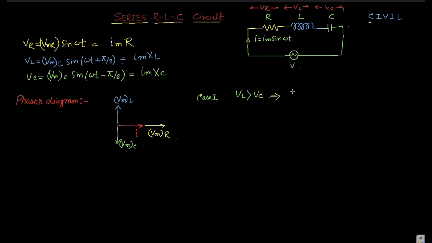How is that possible? If XL is greater than XC, then it can be possible. If XL is greater than XC, the same current will flow through it, and then VL is greater than VC.